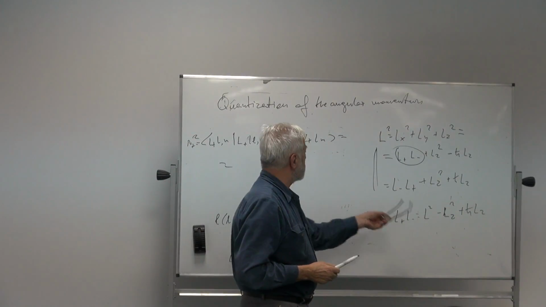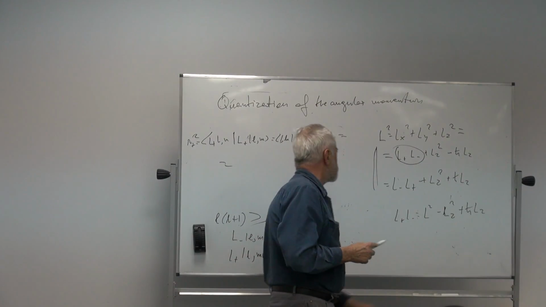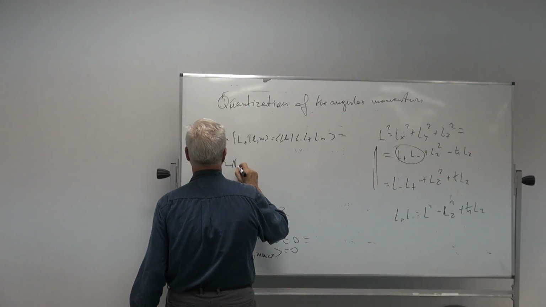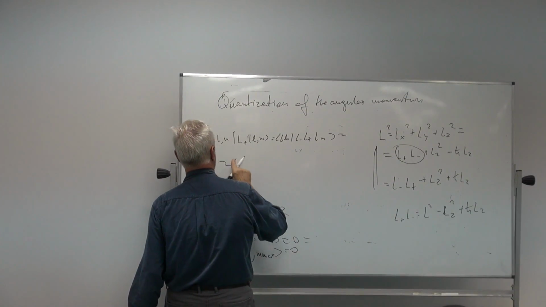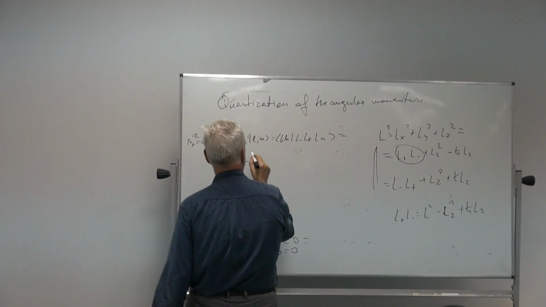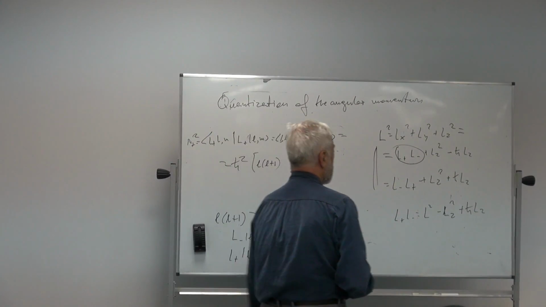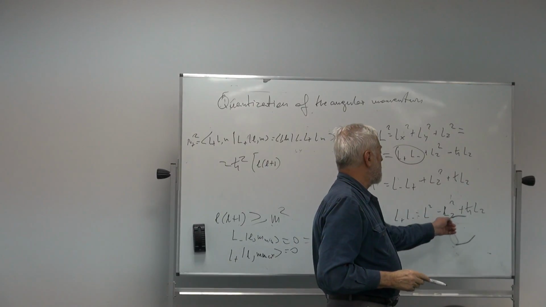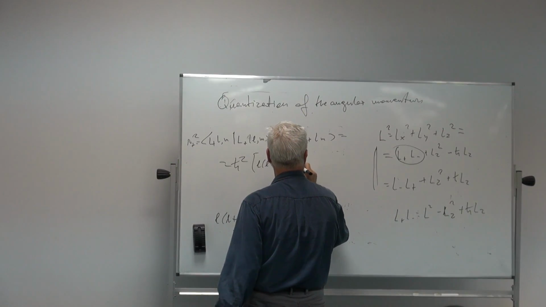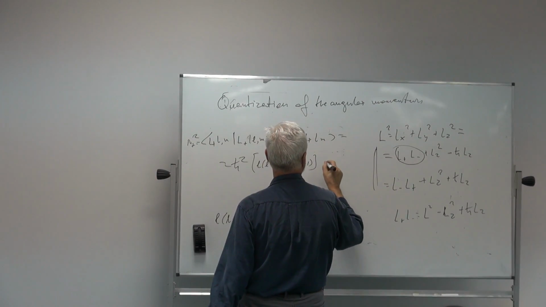It is very nice because our state here is an eigenvector of each of these operators. So of course I get h bar squared times L times L plus 1 minus m squared plus m, which is the same as minus m times m plus 1.